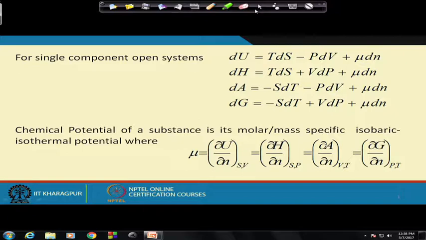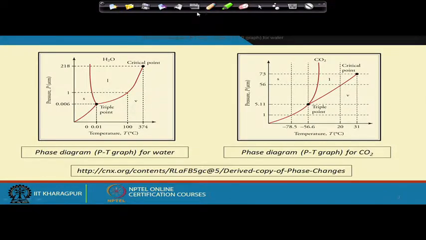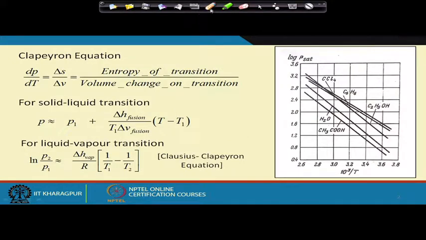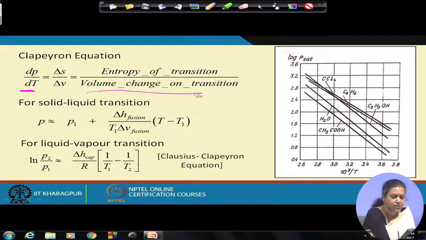So this gives us the Clapeyron equation, where we find that the slope of the pressure versus temperature curve is obtained from the entropy of transition divided by the volume change on transition.